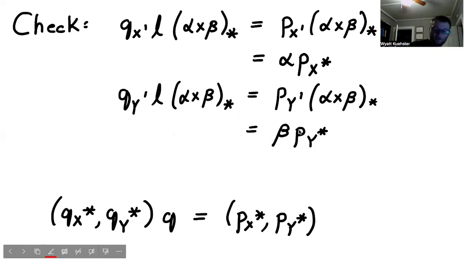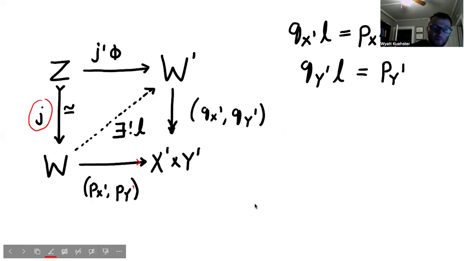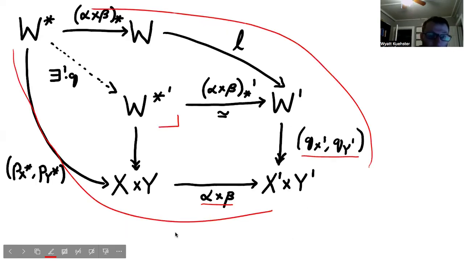So that tells me that these outside legs I marked in red commute, and so I get the unique lift Q. And Q satisfies that qx star qy star composed with Q equals px star py star. That's commutativity of I think this triangle right here. This map is qx star qy star, which I forgot to label.